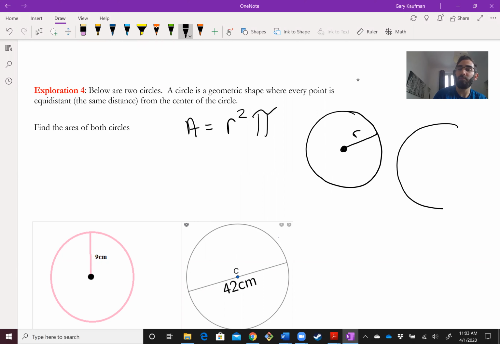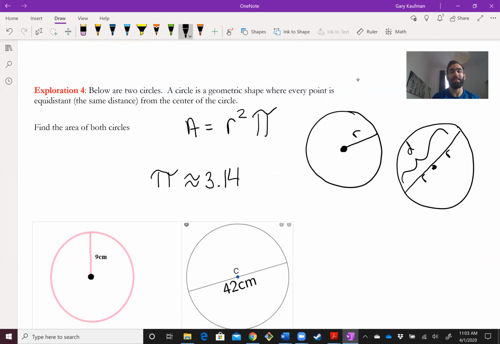The diameter is the whole thing, also known as 2 radii. Now, for pi, for right now, pi is about 3.14, and that is what I want you to use when finding the area of these circles. Go ahead.